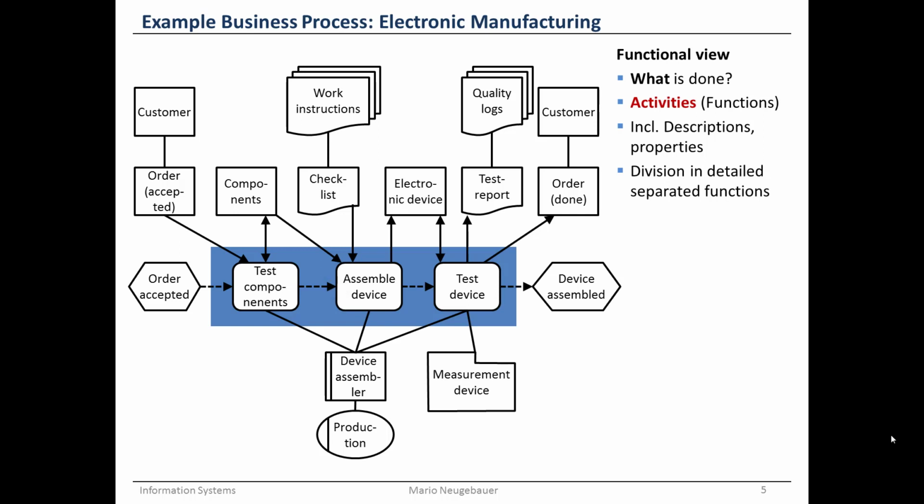The test result could be that, well, the component is functioning like specified. So you could use the component later on for the assembly, or unfortunately an error happened and the component is not usable for the assembly. And if you organize your processes well, then you would also record these test results.